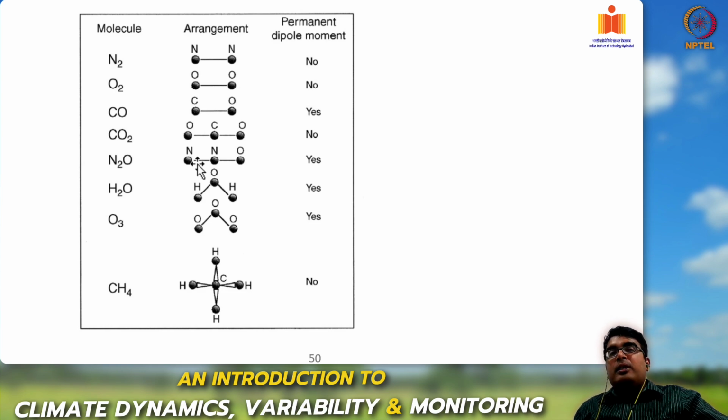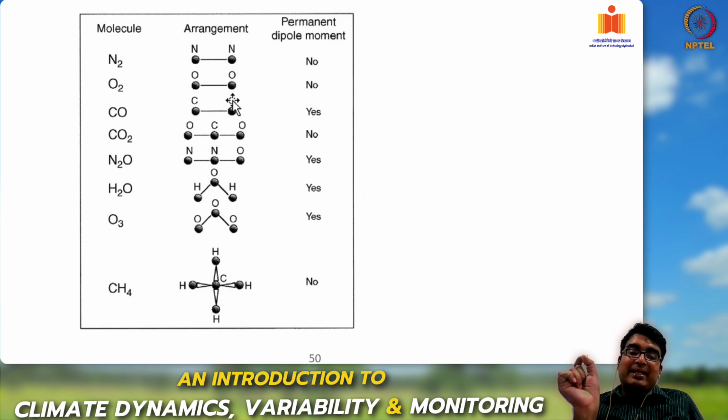Furthermore, the molecules can or cannot have dipole moments. Dipole moment means there is an asymmetric charge distribution within the molecule. For example, nitrogen and ozone are perfectly symmetric homoatomic molecules and hence do not have any asymmetric charge distribution at all. Carbon monoxide has a positively charged end at carbon and a negatively charged end at oxygen.